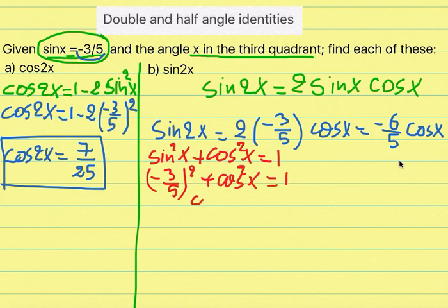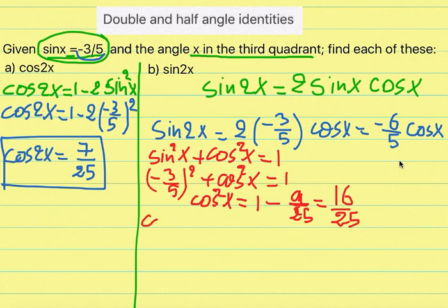This gives you cosine squared x equals 1 minus the square of minus 3 over 5, which is 9 over 25. Okay, 9 over 25. Simplify this to get 25 minus 9, which is 16. 16 over 25.